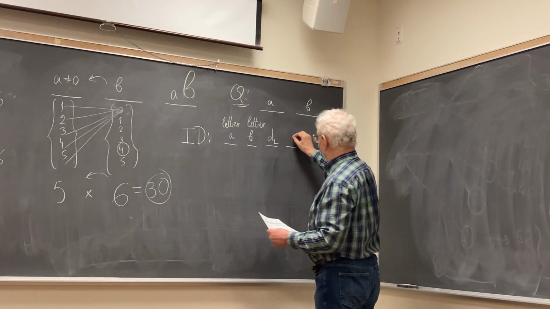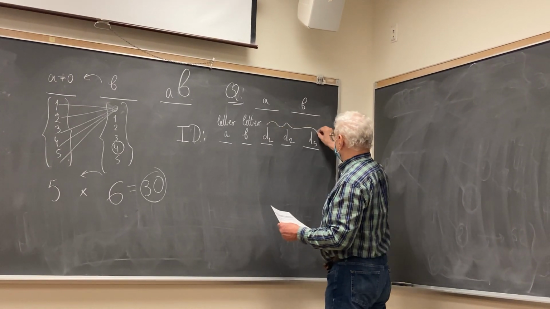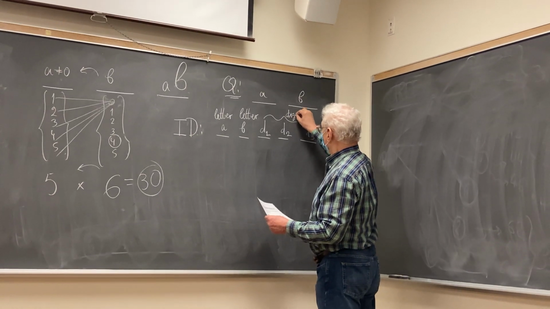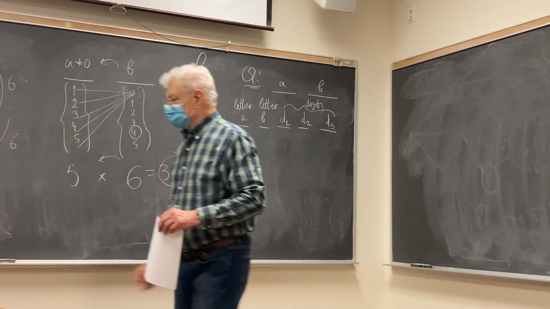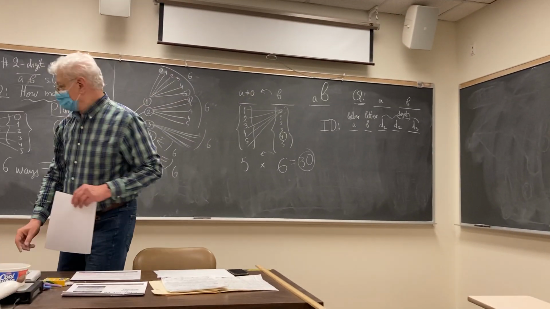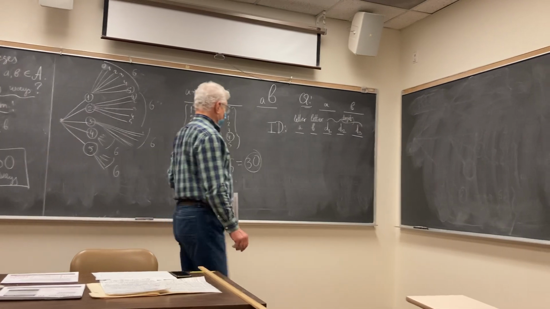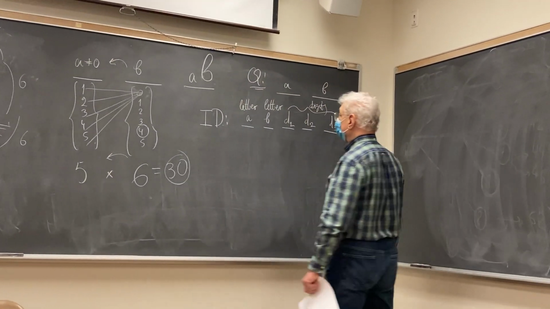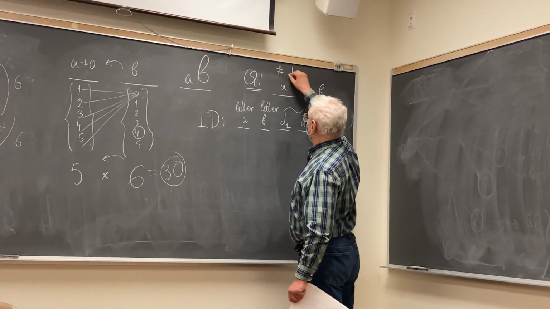Let's write D1, D2, D3. All those are digits. The question is, what is the number of IDs?